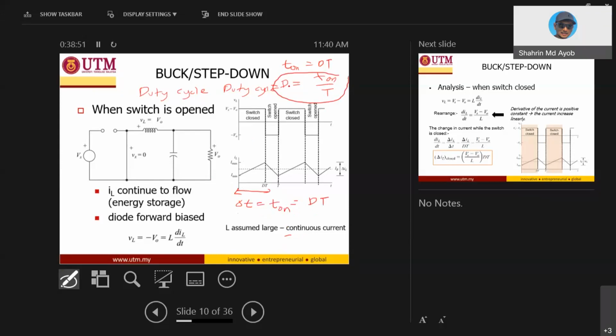So T on is dt. So during switch on, your delta T is T on. The change of time is T on. And what is your T on? T on is dt: duty cycle multiplied with period, the time of the full cycle.